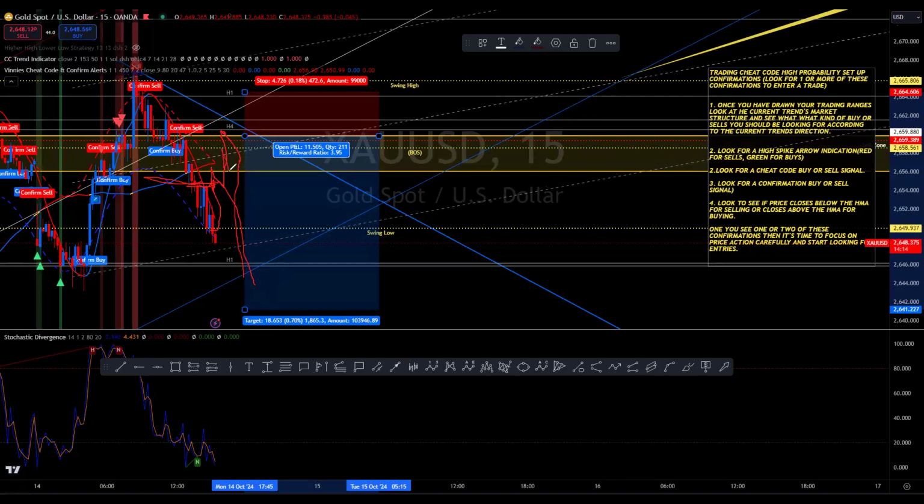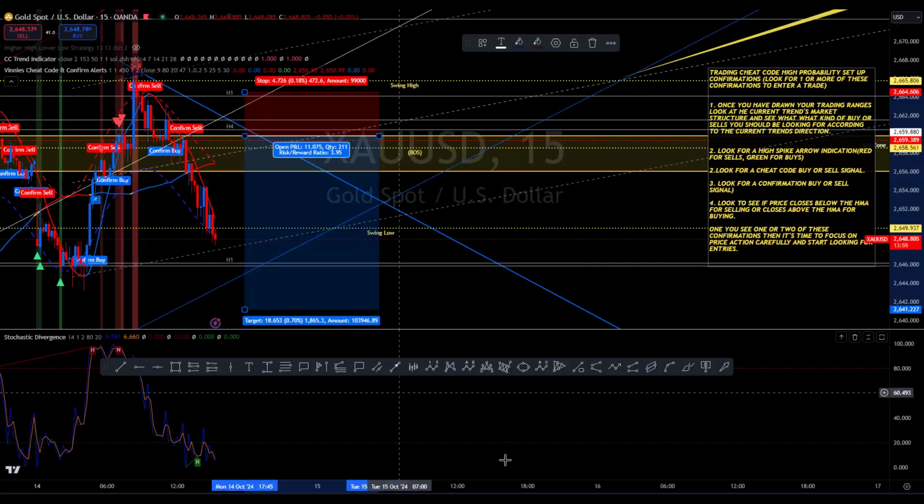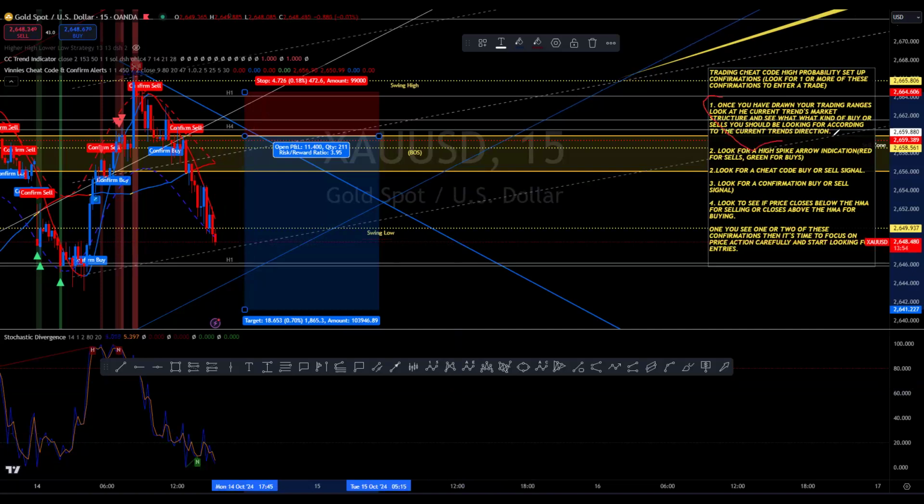Or it might respect this structure and start going bullish, and then we will have to change our bias and look for counter sells and retest buys. So we just have to really pay attention to this overall market structure and the current trend, which is bearish at the moment. And that's the first step in my rules.